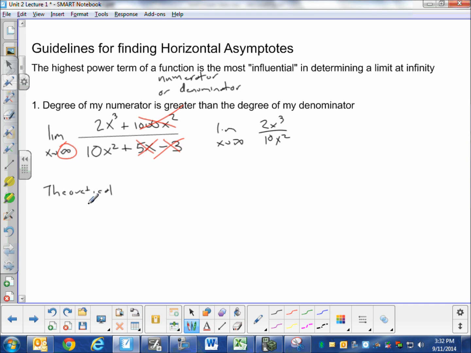If I'm talking about limit as x approaches infinity of just this, because the other stuff really doesn't matter, because we're approaching infinity, this term will be growing faster. And this will be slower.